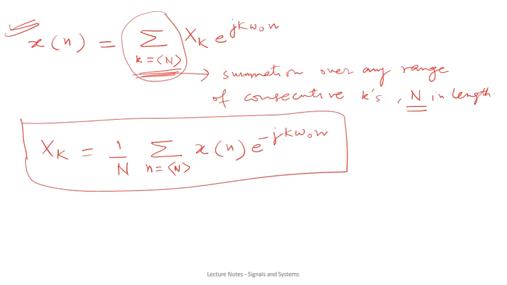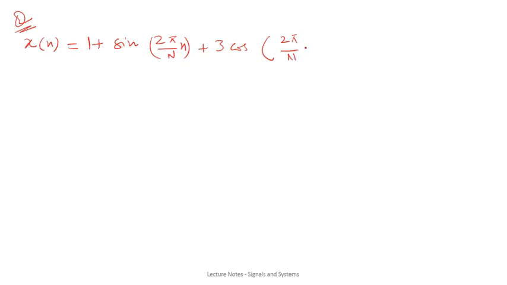Now let us consider a problem based on this Fourier series. There is a signal which is written as x[n] equals to 1 plus sine of 2 pi by N times n, or you can just put this n also inside this bracket, plus 3 cos 2 pi by N n plus cos of 4 pi by N n plus pi by 2.